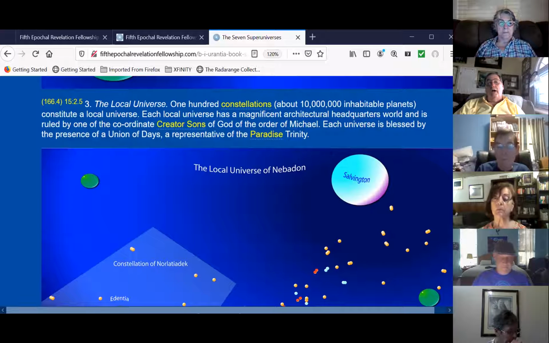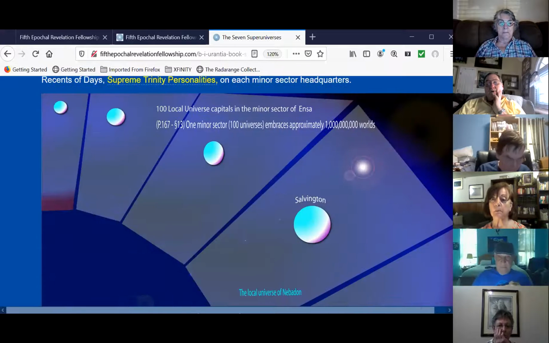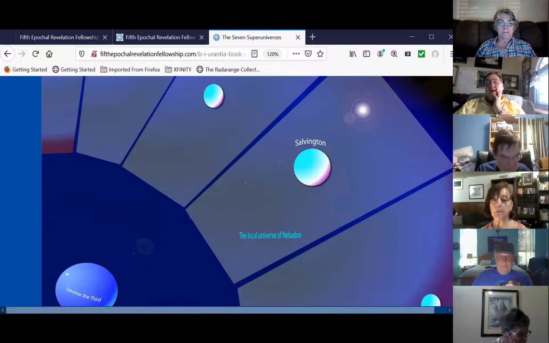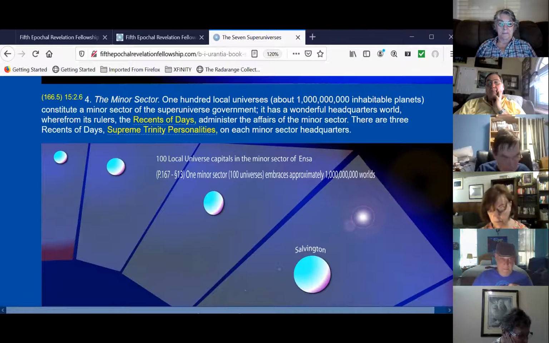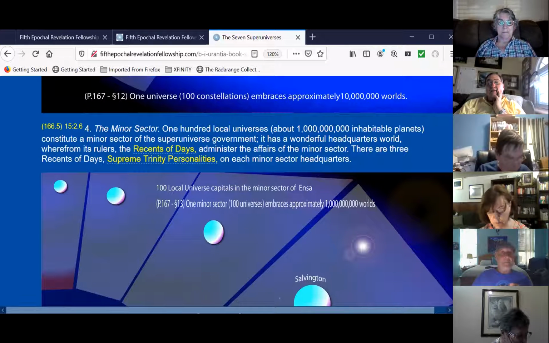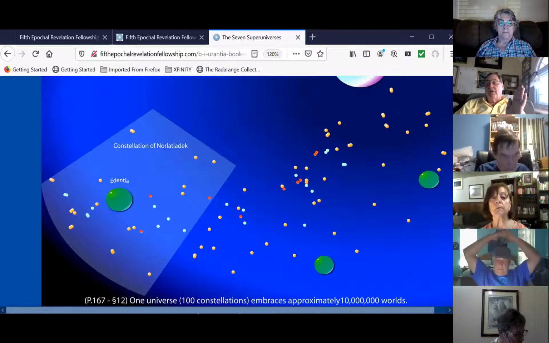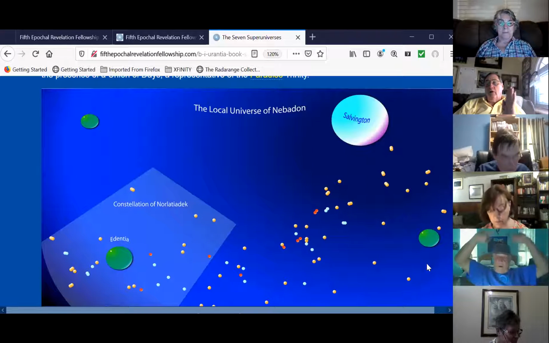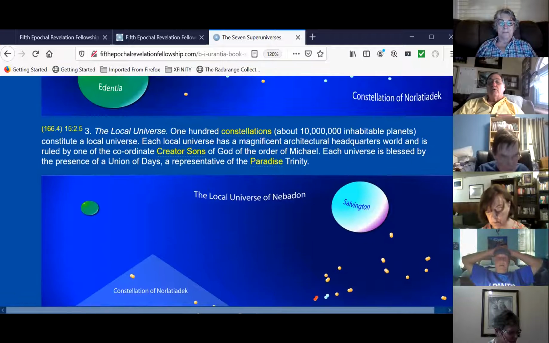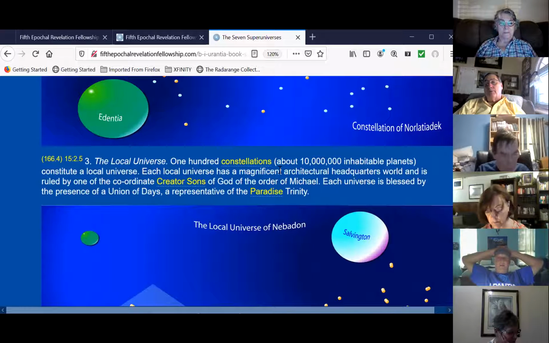Okay, so we know that 100 local universes makes up a minor sector. See how this works? 100 of each one of these things keep building. 100, 100, 100, 100. And as you multiply those 100s, then that multiplies how many inhabitable planets too.